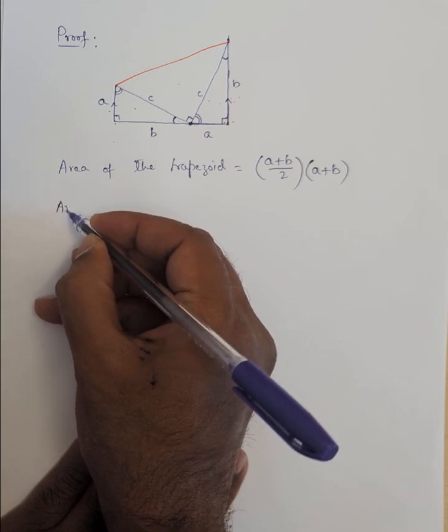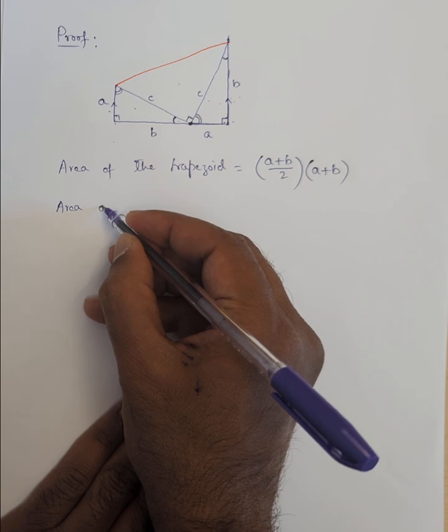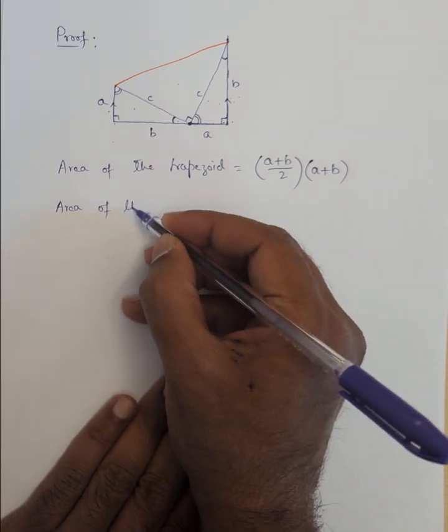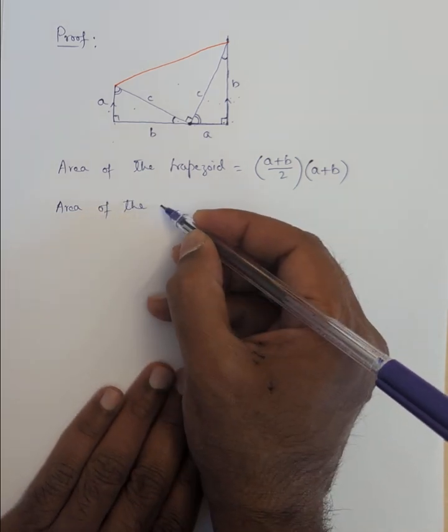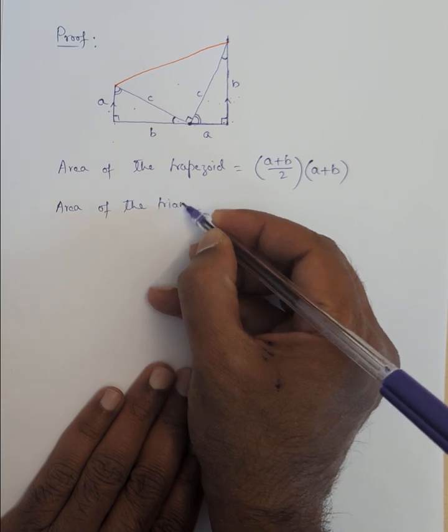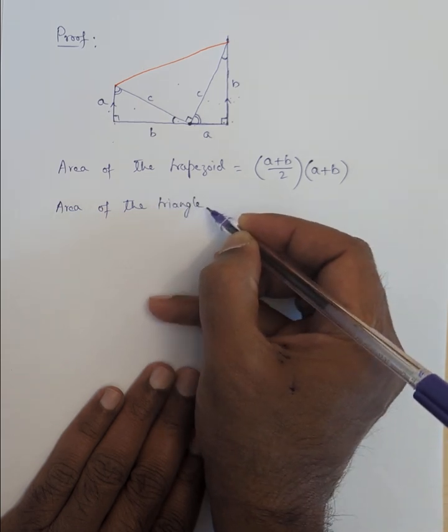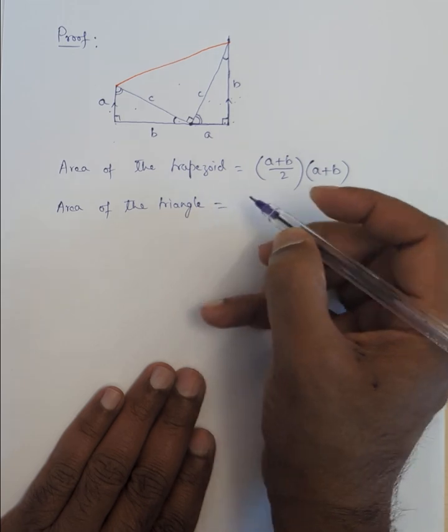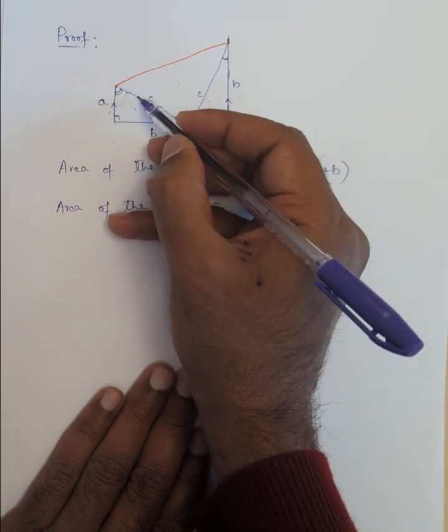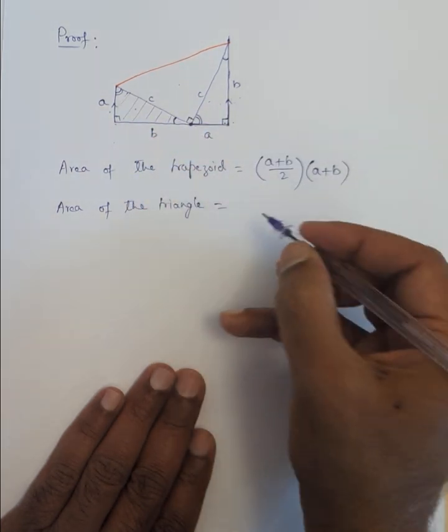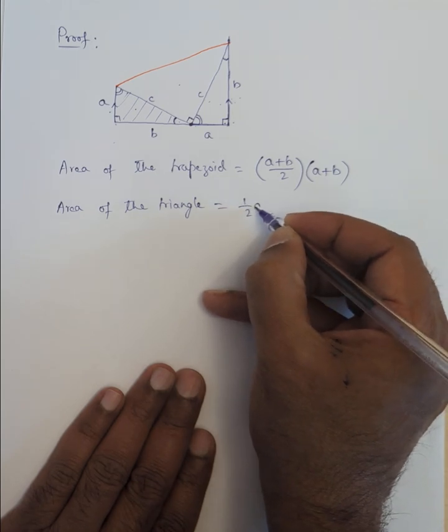The area of a triangle is just half base times height. So this triangle's area is 1/2 AB.